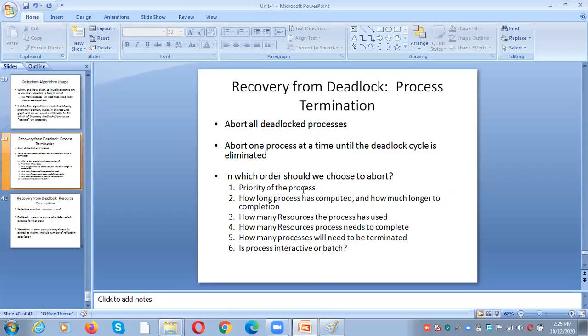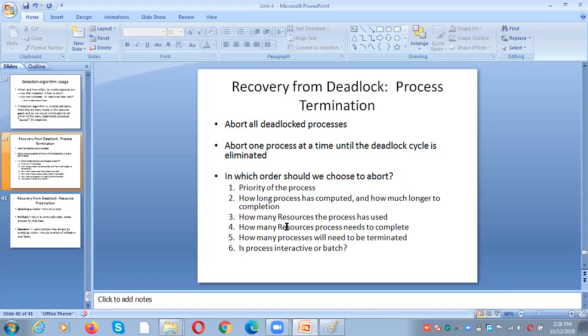These are the criteria, the things you need to consider when you want to remove one process from the cycle. What are those? You need to check the priority of the process first, whether it is a high priority process or a low priority process. Then how long the process has completed, that means for how long it has been executed by the CPU.